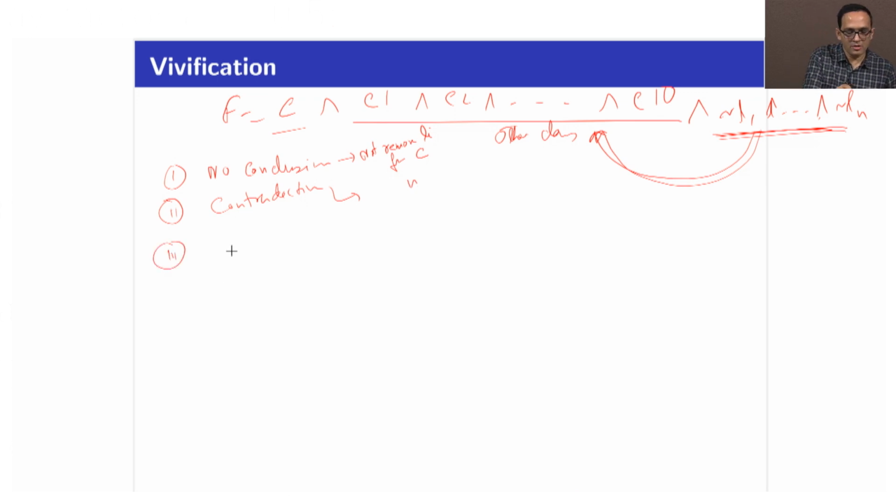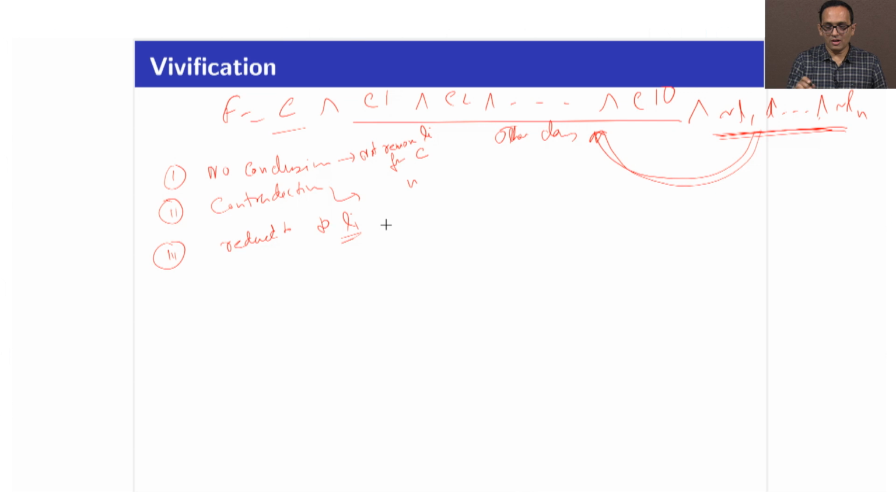In the third scenario, these clauses reduce to Li. Because I have added not of L1 to not of Ln, but not for Li, these clauses are such that these literals are present there, and because of the unit propagation they are reduced to Li only. What does it mean?